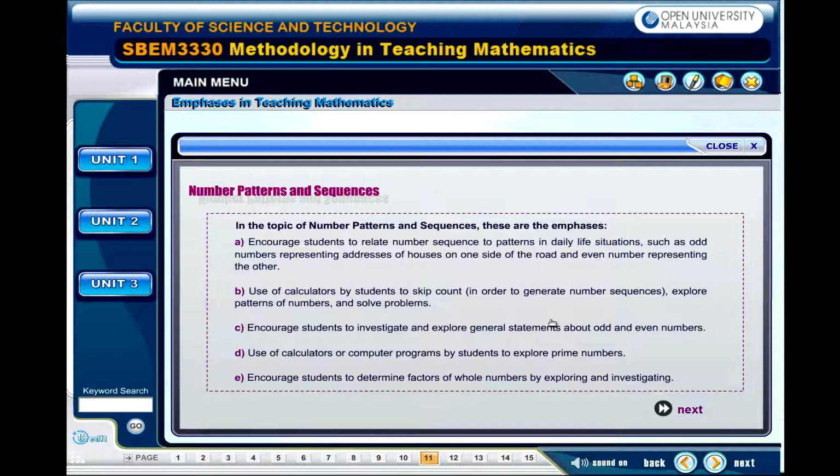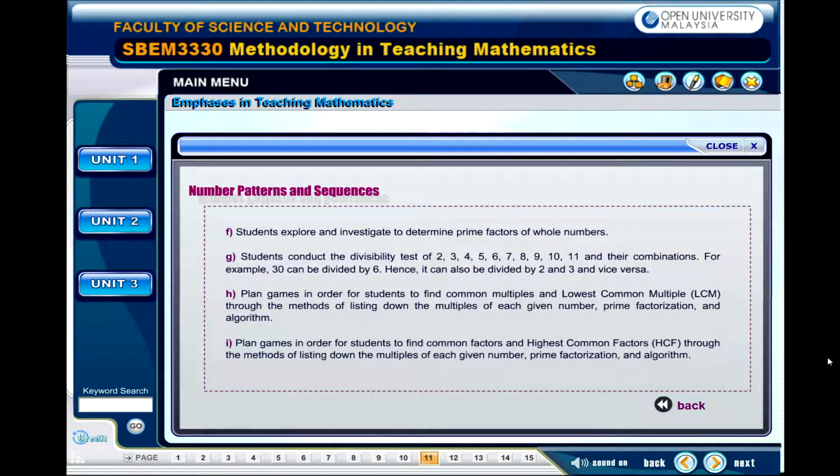D. Use of calculators or computer programs by students to explore prime numbers. E. Encourage students to determine factors of whole numbers by exploring and investigating. F. Students explore and investigate to determine prime factors of whole numbers.